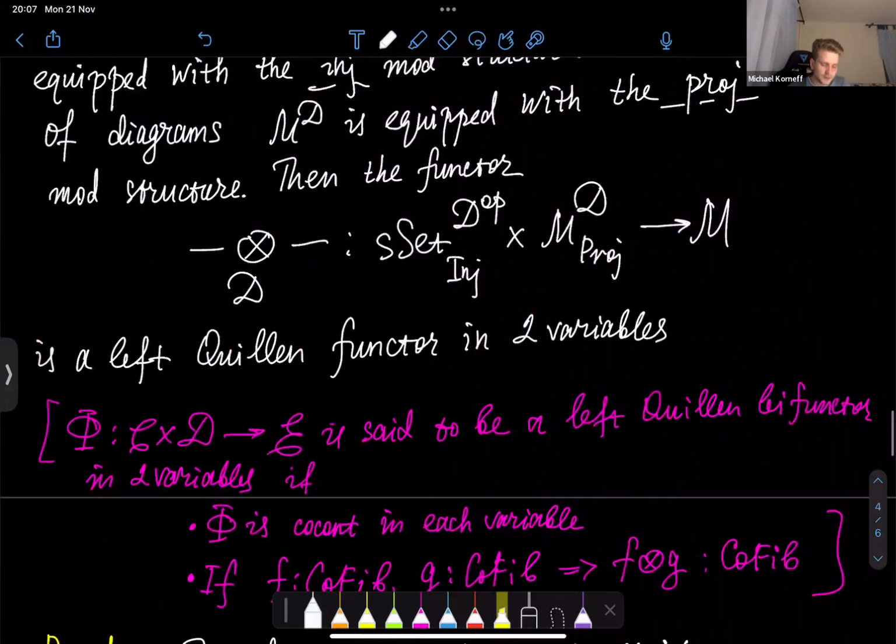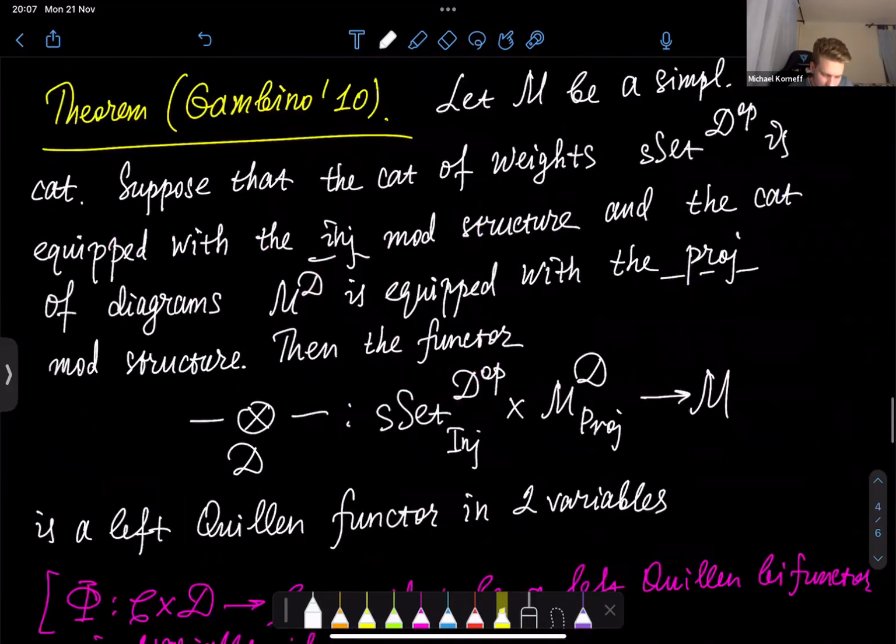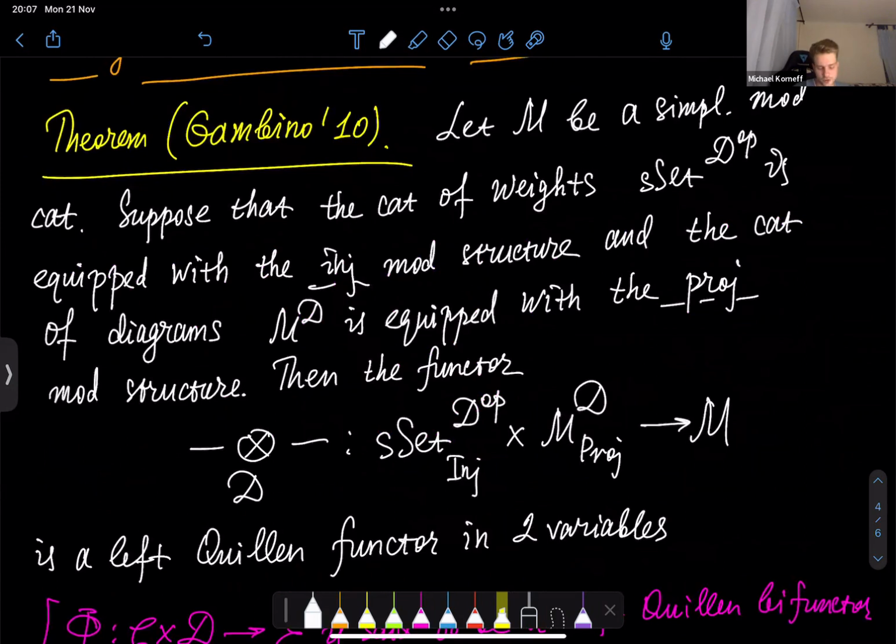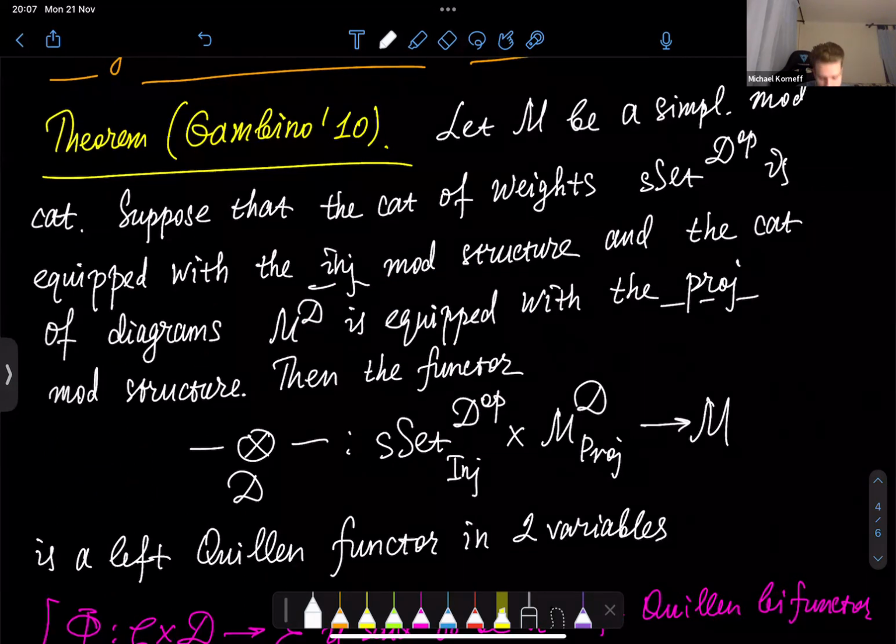And this theorem gives us two approaches for finding homotopy limits and colimits. We use two different model structures, but these different model structures give us equivalent results.